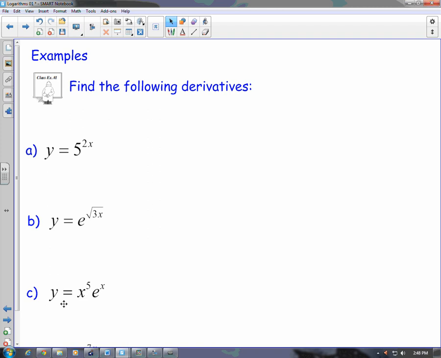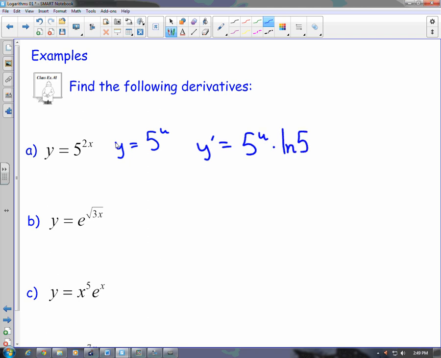All right. Example number 1, find the following derivative. We've got y is equal to, so if it helps, change this to this. Y is equal to 5 to the power of u. So the derivative is going to be 5 to the power of u multiplied by the natural log of the base, so of 5, multiplied by du dx.